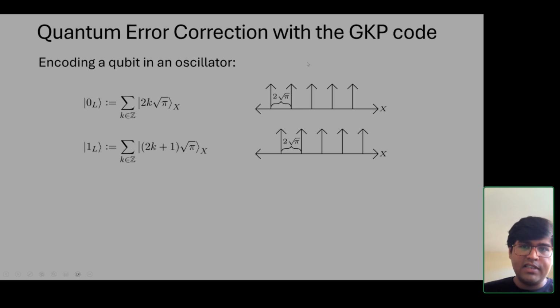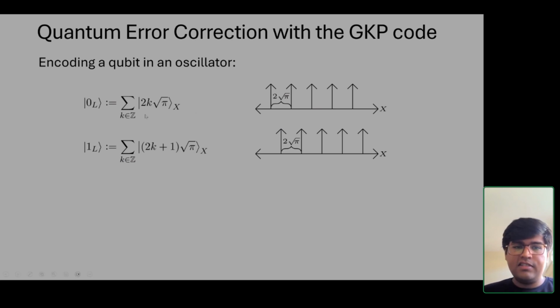One way of doing this is with the GKP code. In the GKP code, you represent the ket 0 as a sequence of Dirac deltas that goes from minus infinity to plus infinity, and these Dirac deltas are separated by 2 square root of pi. And you combine all of these Dirac deltas, and that corresponds to your ket 0 state. The ket 1 state is the same thing, but shifted by square root of pi.